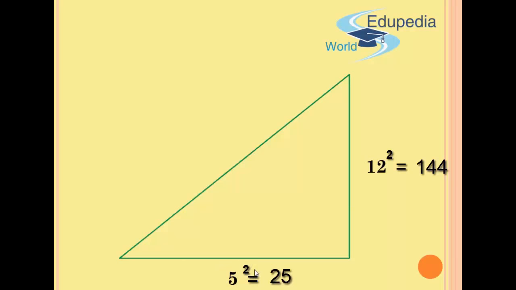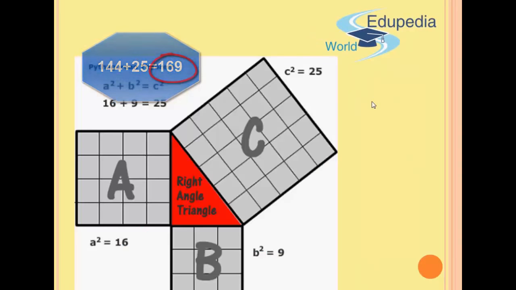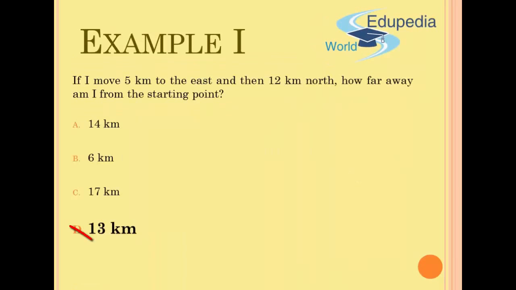Now once we add 144 and 25, if you do the calculation quickly, you will get 169. So 169 is the square of this diagonal. To find out the length of this diagonal, I have to take the square root of 169, which gives me 13. And that's my answer.